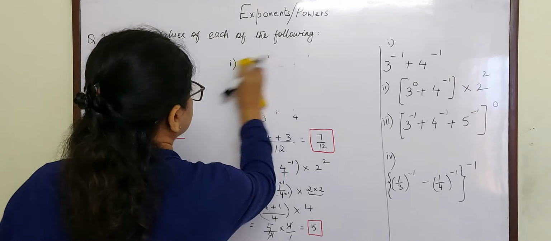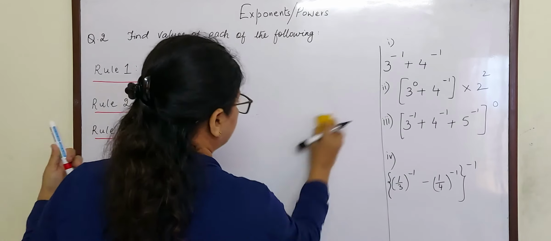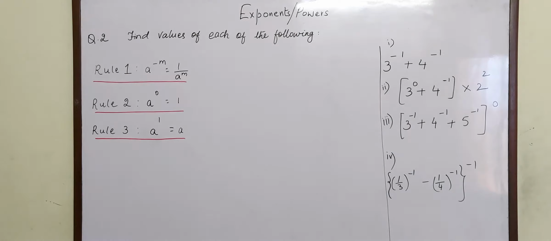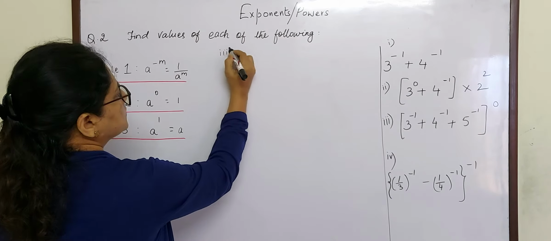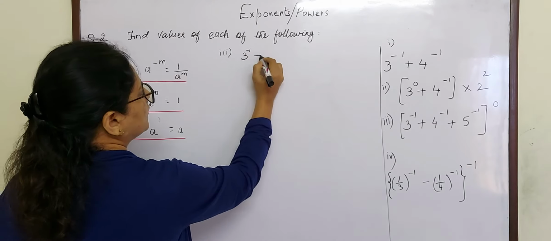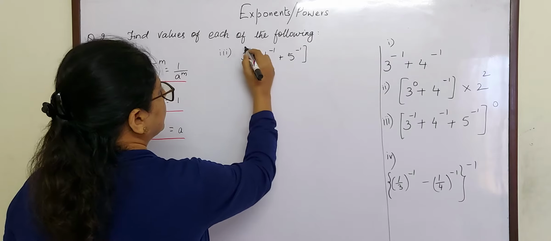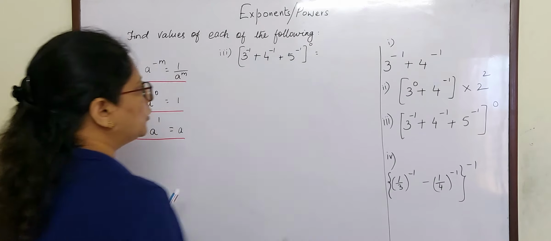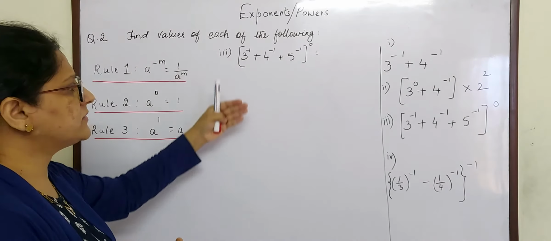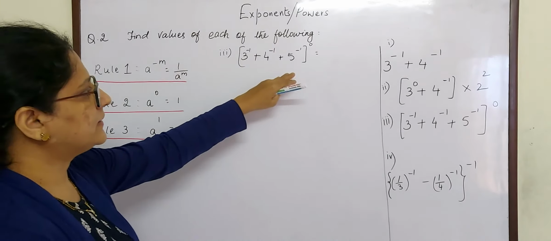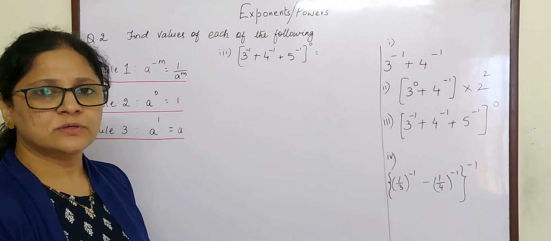Now if you see, there is an interesting fact in the third sum. They have given that 3 raised to minus 1 plus 4 raised to minus 1 plus 5 raised to minus 1, the whole raised to 0. So in the end, they have just given us a tricky sum. Instead of changing the negative exponent to positive and finding LCM, in the end whatever answer we get will be raised to 0.